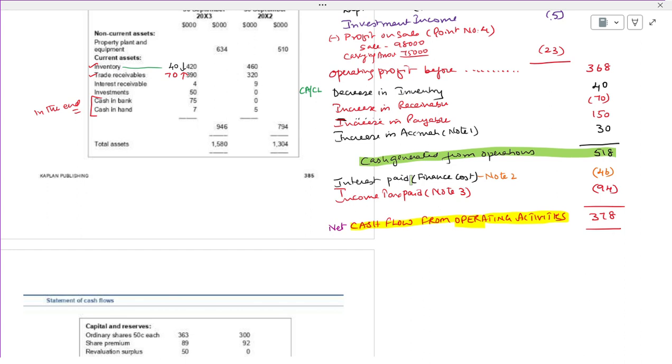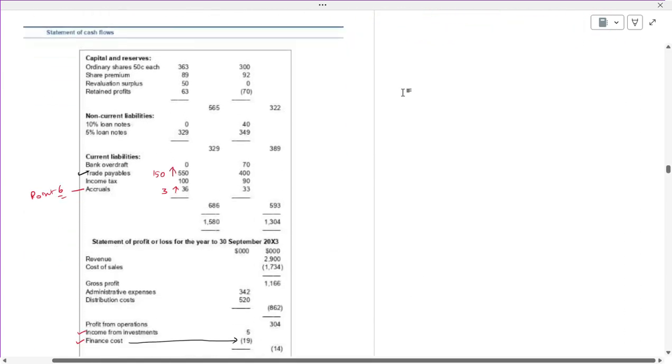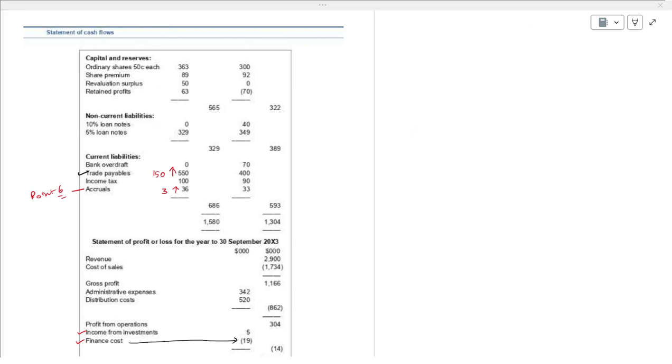Fine. Now, can I continue or should I stop? Is there a big part remaining? It is not that much, but it needs explanation. We will do investing. Tomorrow we will do financing. Okay? All right.